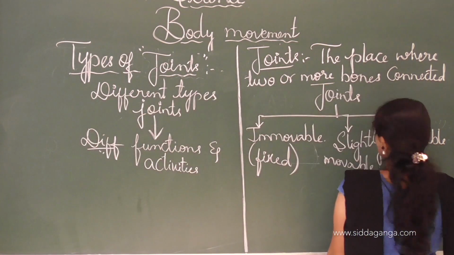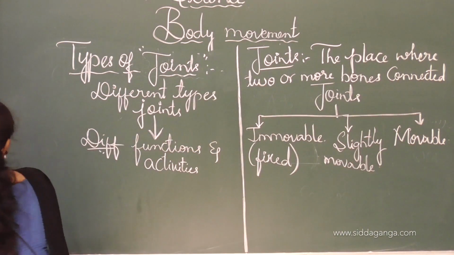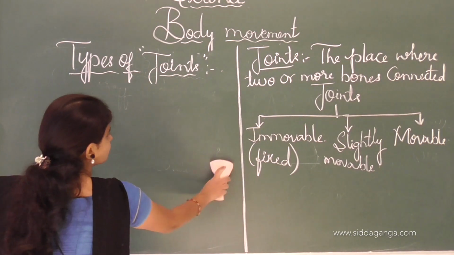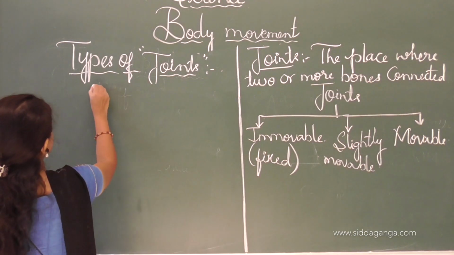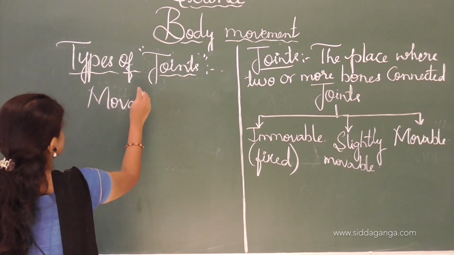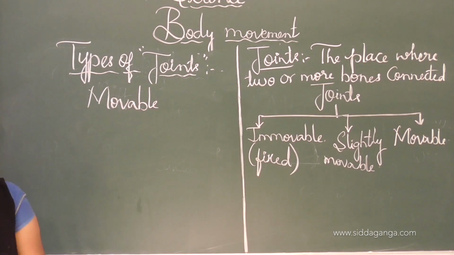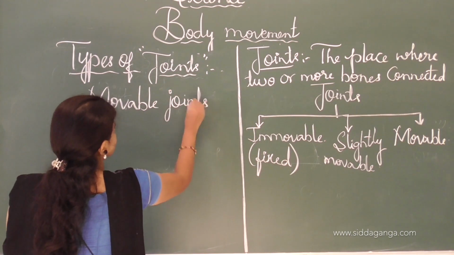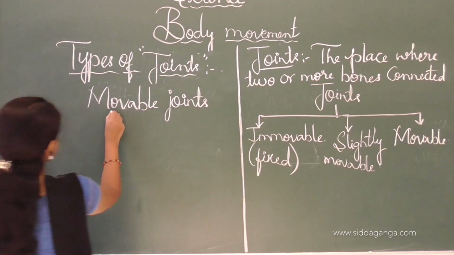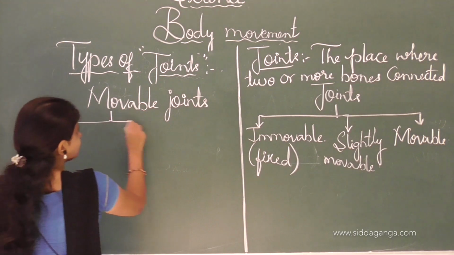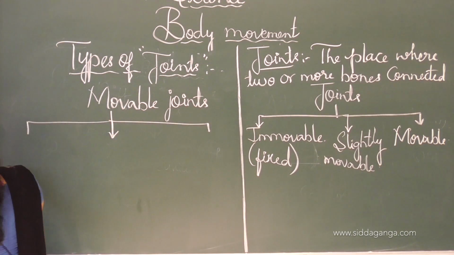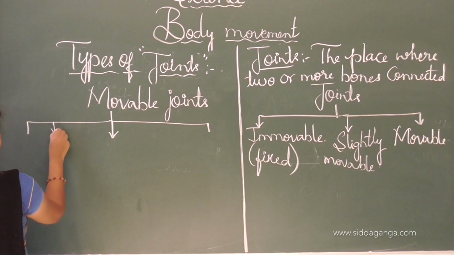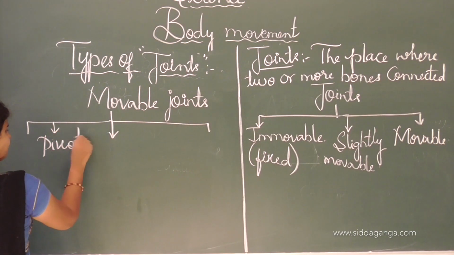See, movable joints are again classified into three main types. The first one is the pivot joints.